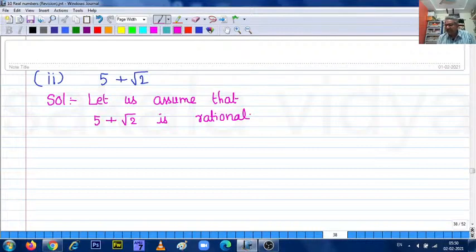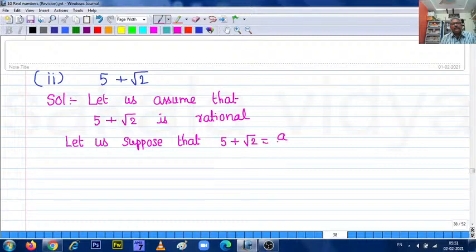This is our statement. So now let us suppose that 5 plus root 2 equals a by b, where a, b does not equal 0, or co-primes.